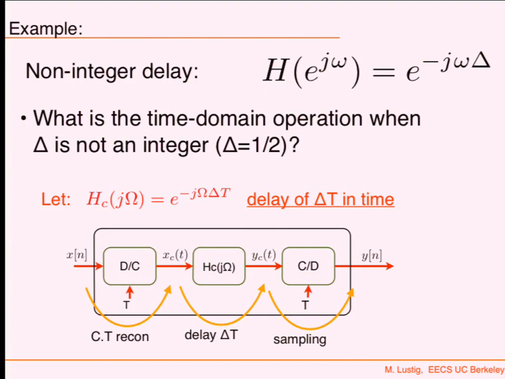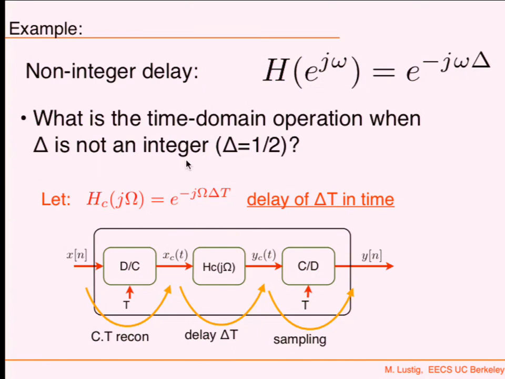Okay, so here's an example where this is actually interesting. Let's look at this digital frequency response of e^{-jωΔ}. And the question is, what is the time domain operation? Well, Δ is not an integer. Let's say Δ is a half.